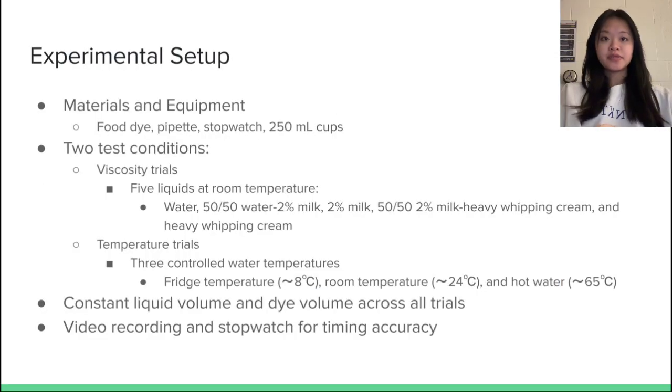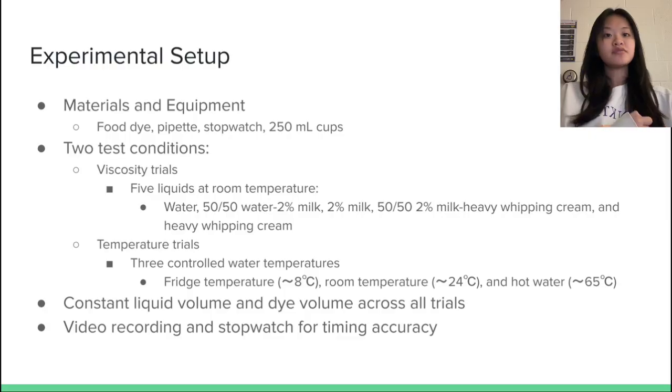For our setup, we kept everything simple and consistent. We used food dye, a pipette, identical clear cups, and a stopwatch. So any differences in diffusion came from the liquid itself, not the setup. And the experiment had two parts. First, testing the different viscosities at the same temperature, and second, testing different temperatures using the same liquid to keep viscosity constant.